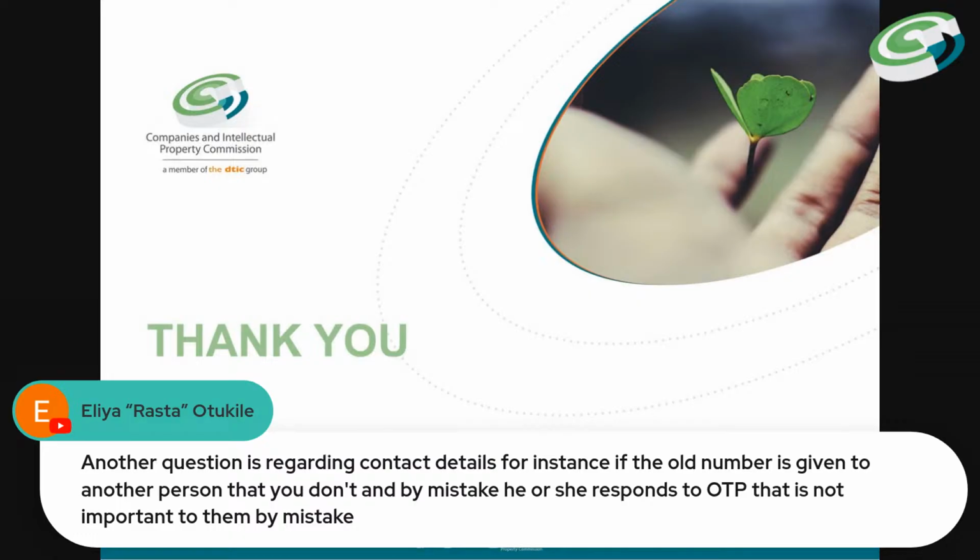Once he receives the link with approval and objection, he can object to the filing or he can just ignore it. Once he ignores it, the rightful person will respond to the link by approving the change, and then after 24 hours, that change will be updated. But I don't think the person who received the OTP, the link on the old number, can approve the change without knowing what the change is all about.